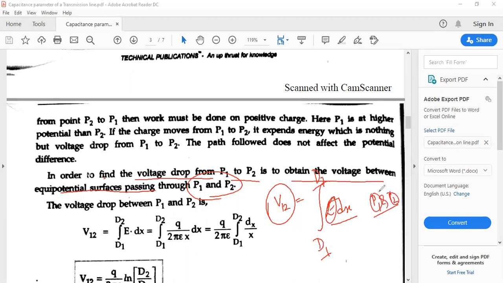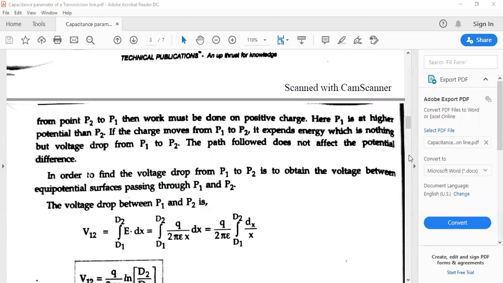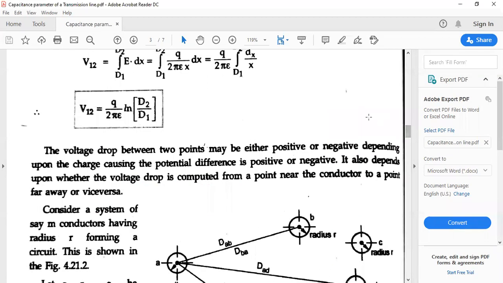That's the reason we integrate with respect to D1 and D2. So Q divided by the same thing we followed in the previous derivation, which we can look into. Next, to find V12, I can take the integral of Q divided by 2 pi epsilon.